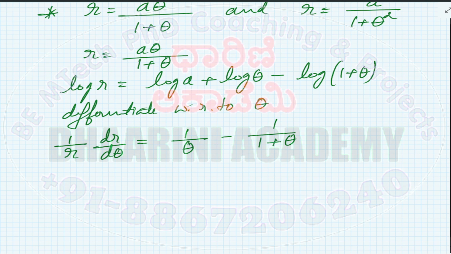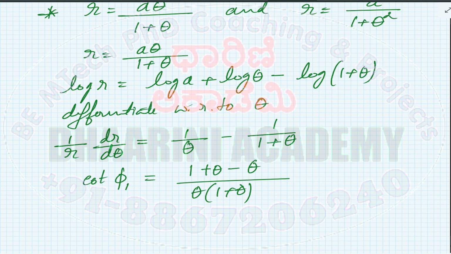Okay, so now 1 by r dr by d theta is nothing but cot phi 1, correct? So cot phi 1 is equal to, taking a common denominator here, 1 plus theta minus theta whole divided by theta into 1 plus theta.